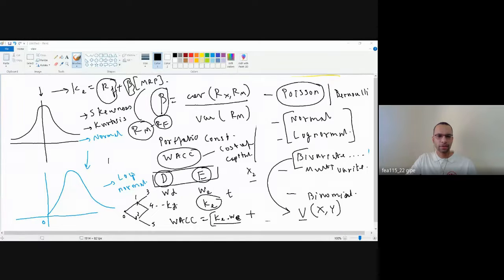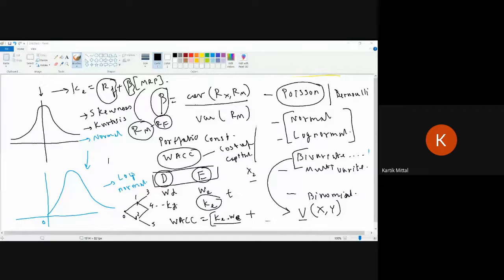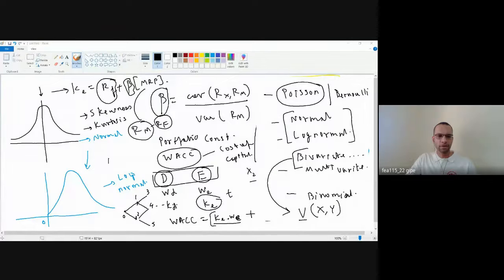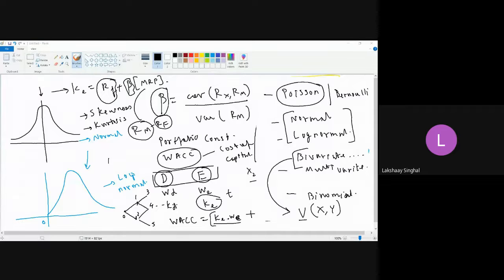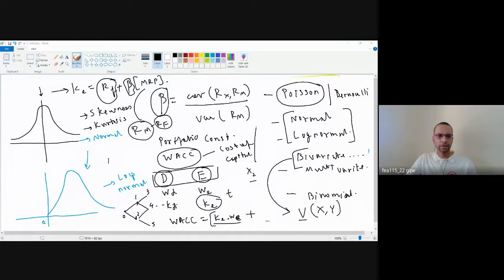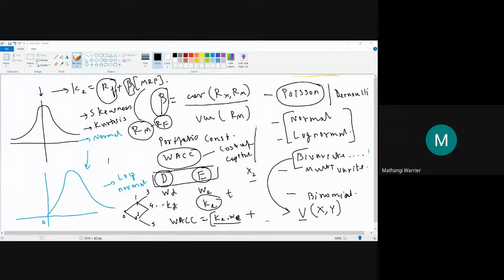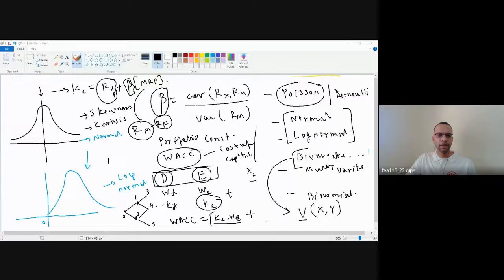Kanika Goyal. Karthik Mittal. Present, sir. Khasro L. Lakshya Singhal. Present, sir. Okay. Mahi Rajawat. Mansi Gupta. Mathangi Wari. Present, sir. Megha Parak. Nancy Alawat. Neha Jain.